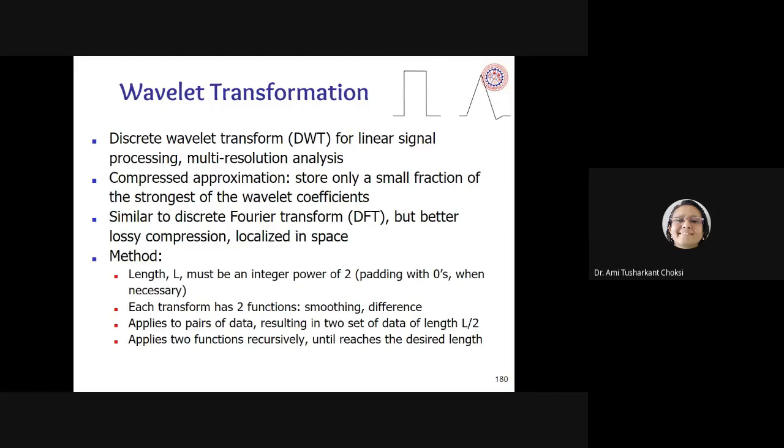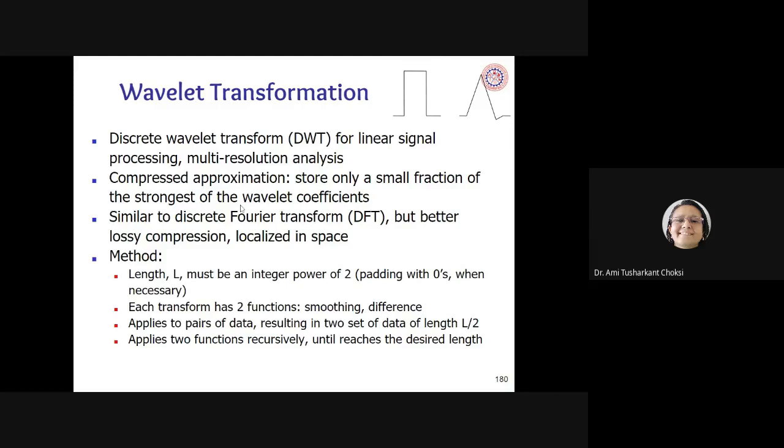Suppose one is there, and in other elements of our matrix, if it is 0, I'll not consider those 0s, I'll only consider 1. Fine. Whatever is strongest, the strongest wavelet coefficient. For wavelet coefficients, whatever is the strongest data we will store, and forget the others, right? So that way we'll be able to reduce the data.